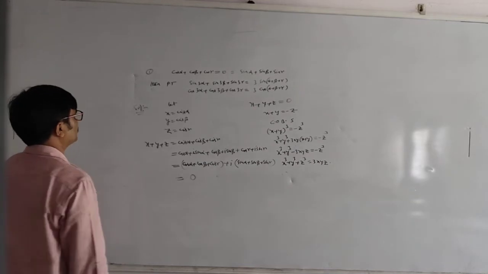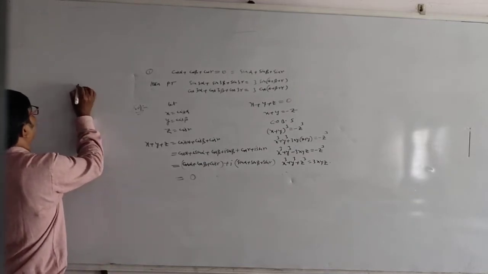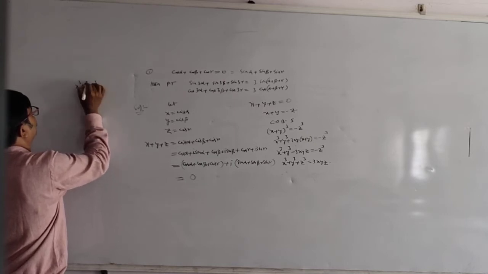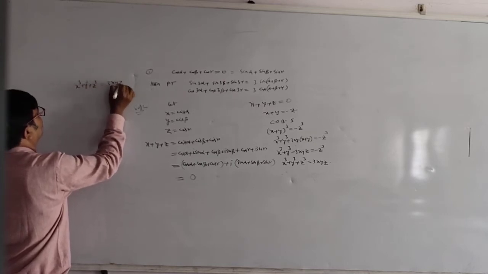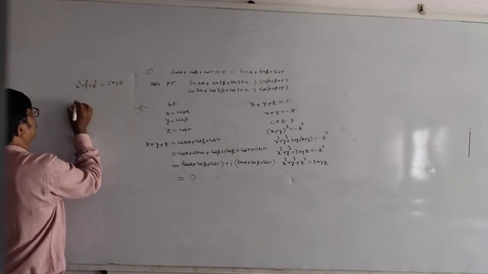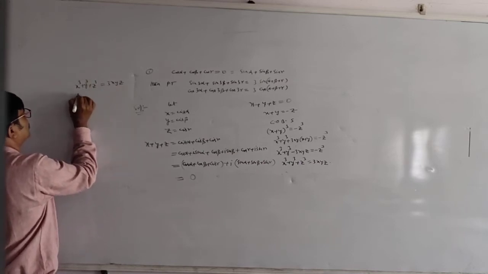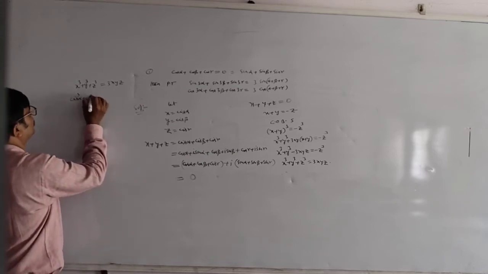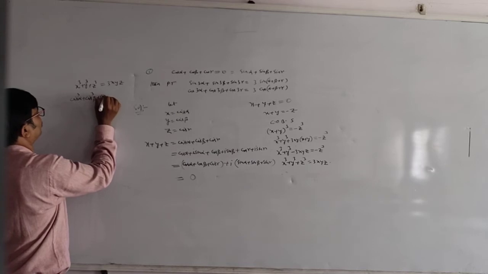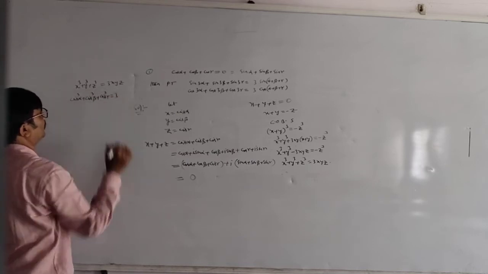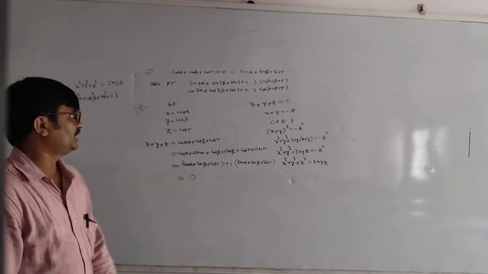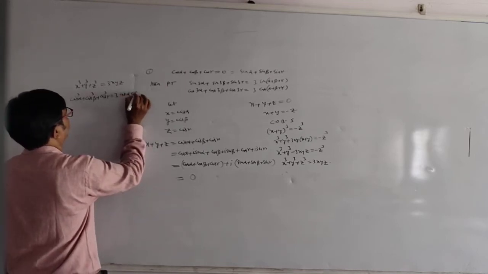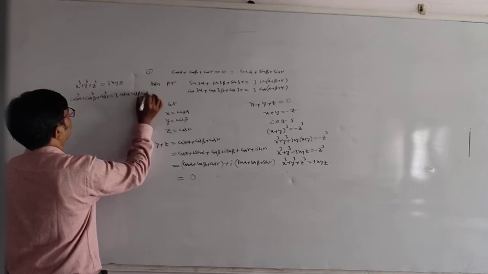Now students, x cube plus y cube plus z cube equal to 3xyz. So x cube is cis cube alpha, y cube is cis cube beta, z cube is cis cube gamma, equal to 3 into xyz. xyz is cis alpha, cis beta, cis gamma.